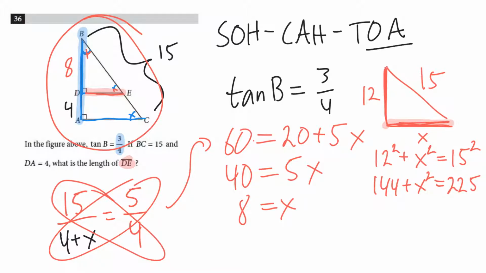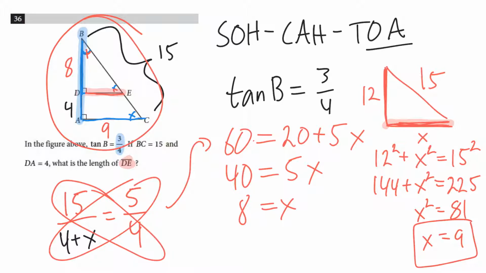So if we subtract 144 from both sides, we have 225 minus 144, we get 81. Well, square root of 81 is 9. So then we know that the long leg right here is 9.